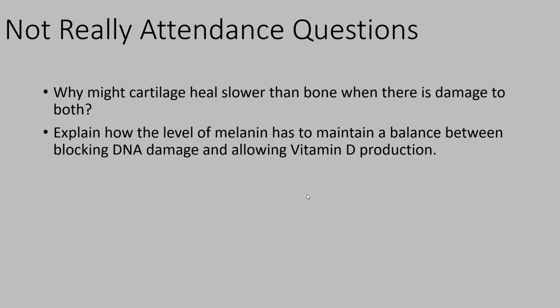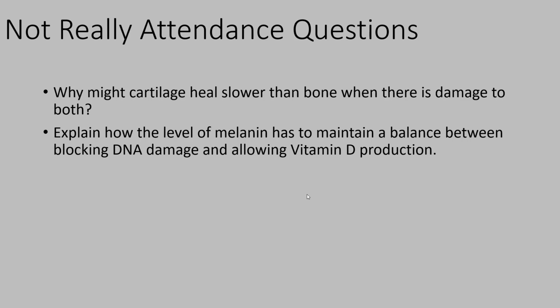Well, that means that we can't completely block ultraviolet radiation, otherwise we would become vitamin D deficient. So the level of melanin, really we could think of this as the skin color, is a balance between blocking ultraviolet radiation and production of vitamin D. That is why the closer to the equator you get, the darker the skin tone.